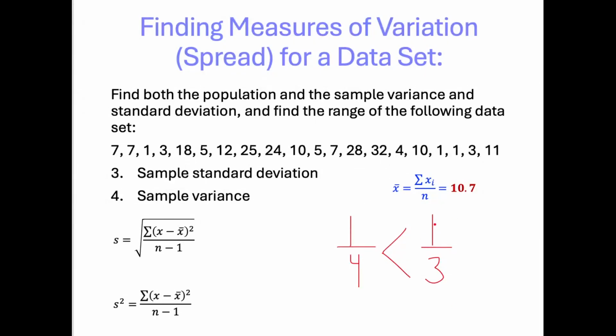The point is that 0.25 is less than 0.33333. If you look at the fraction, we have the same numerator, larger denominator here, and so we end up with a smaller number. So the larger the denominator, if you have the same numerator, you're going to end up with a smaller overall number.